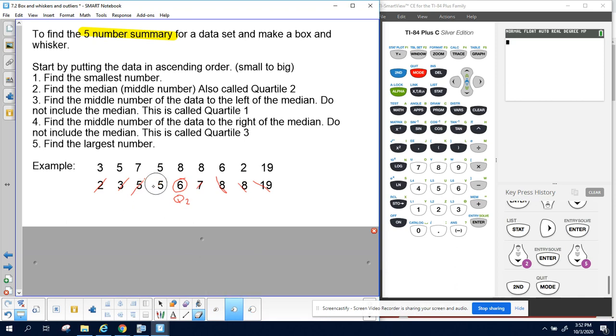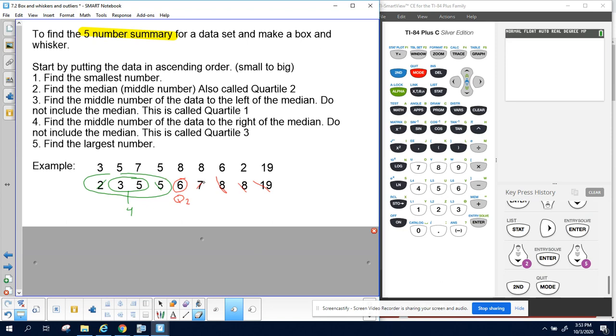Now, ignore the median and find the middle number of the set on the left side. And remember, if there are 2 numbers in the middle, you have to average those together. 3 plus 5 is 8. Divide 8 by 2. Quartile 1 number is 4. Now we're going to do the same thing over here on the right side.